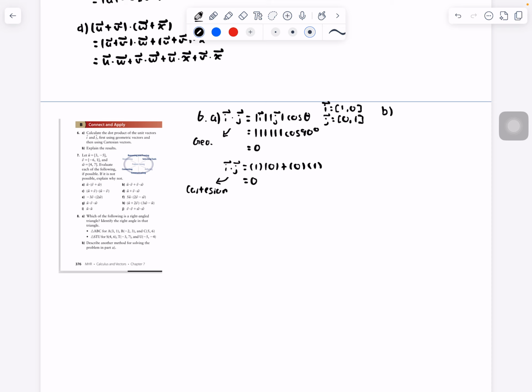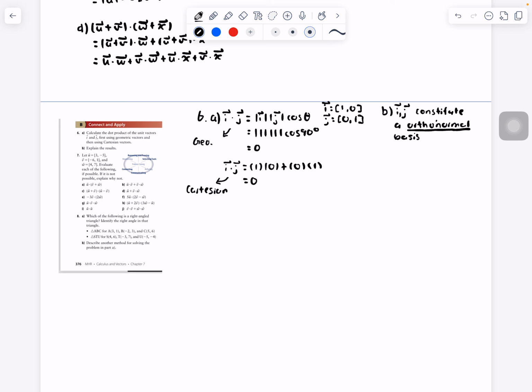But i and j, you can say, constitute an orthonormal basis. And so this word orthonormal, it's not that complicated. It has the prefix ortho, which means orthogonal. So i and j are orthogonal, as our dot product told us.